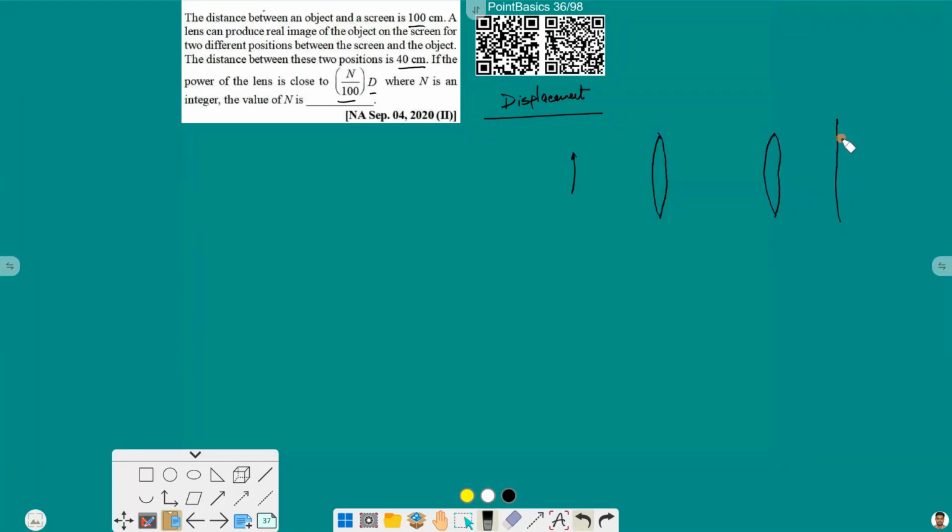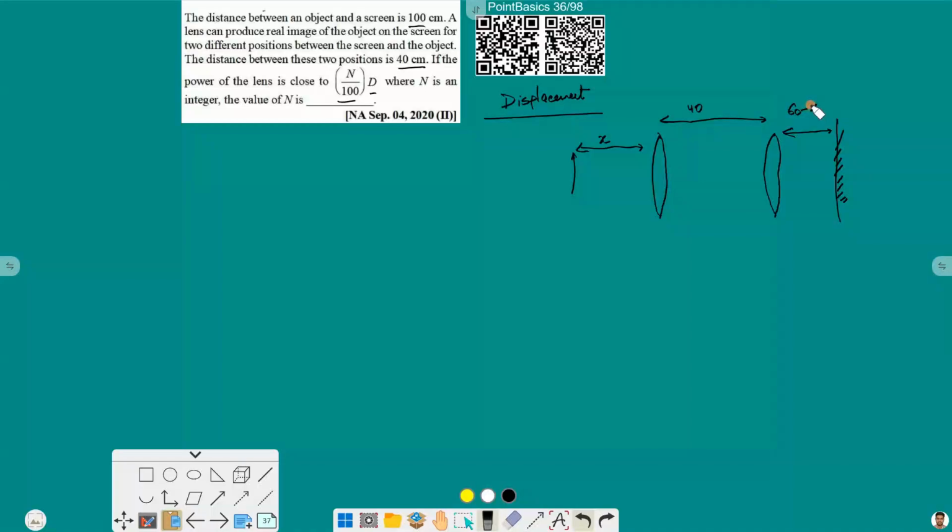And here we have the screen. Suppose this distance is x, and both positions are separated by a distance of 40 centimeters. So this distance will be 40, and the remaining distance will be 100 minus 40 minus x, so that will be 60 minus x.